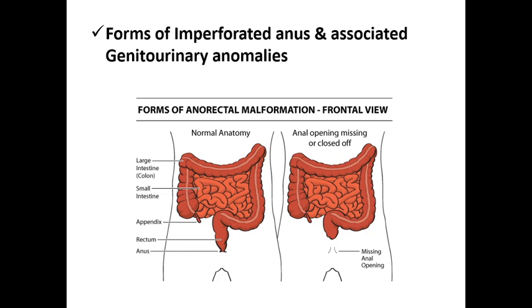So it's closed. So the condition is called imperforate anus. Sometimes it could be a simple imperforate anus. Now in our body, in front of the rectum we have the urinary bladder and the urethra, and in females we have the bladder first, then the uterus, and then the rectum.